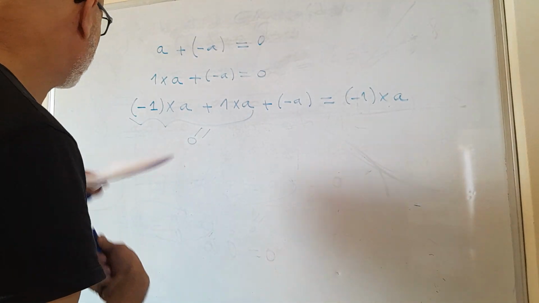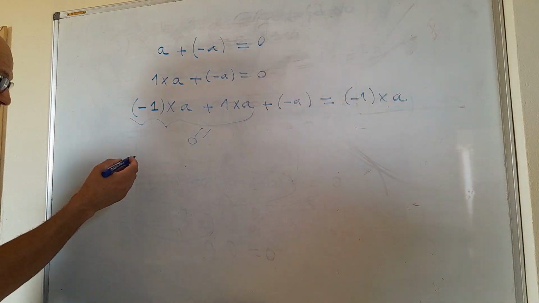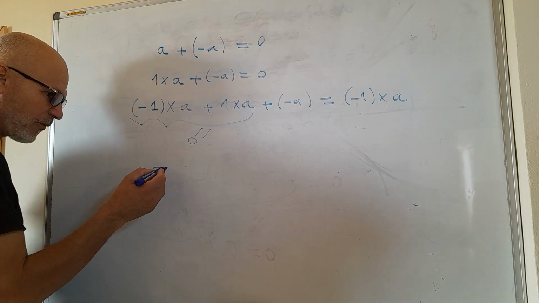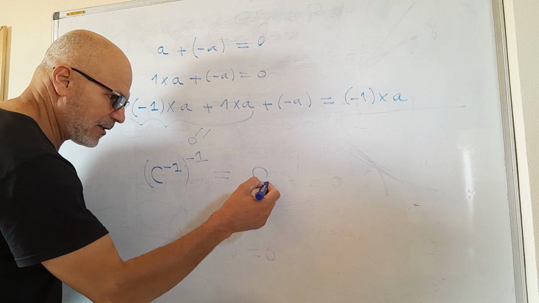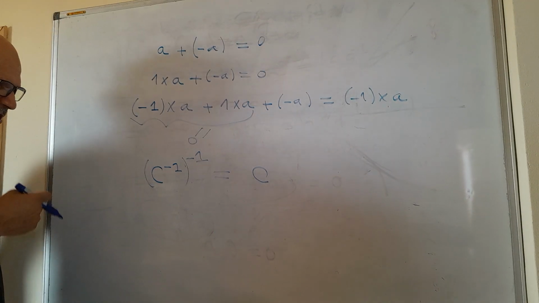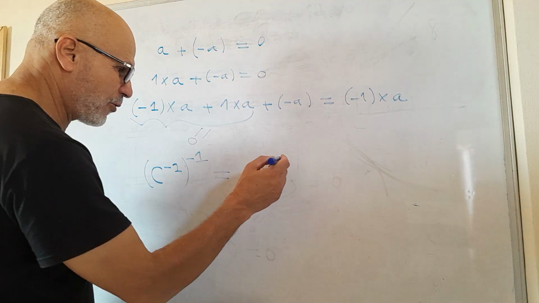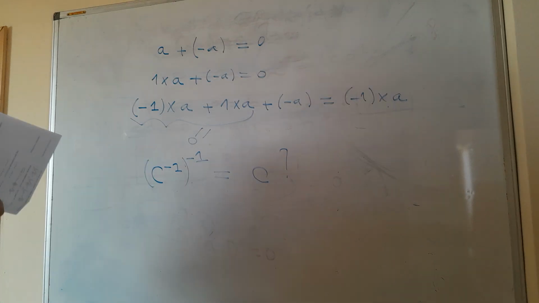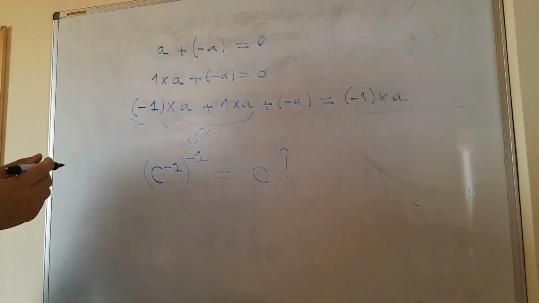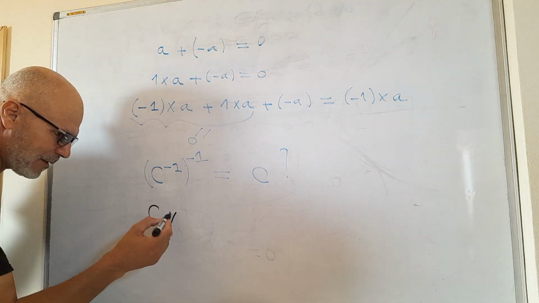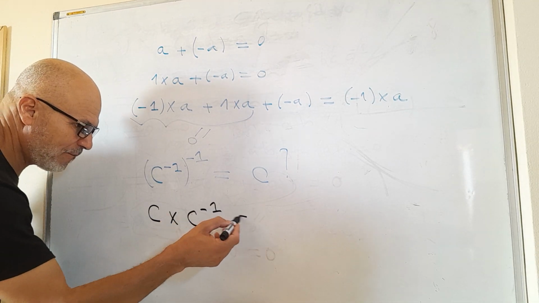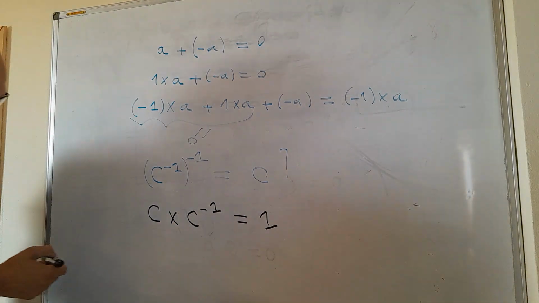The fourth question: how can we prove that c to the power minus 1, to the power minus 1, is equal to c? We know that c times c minus 1 is equal to the identity.